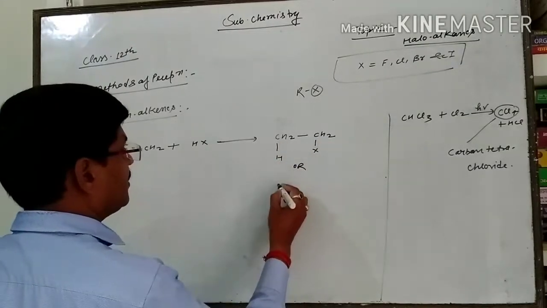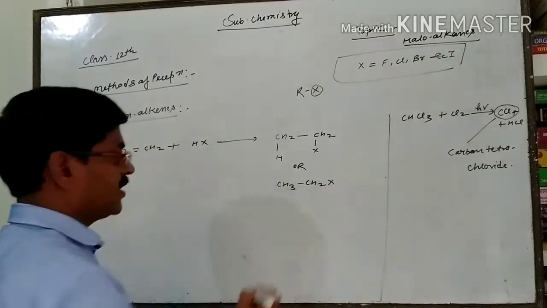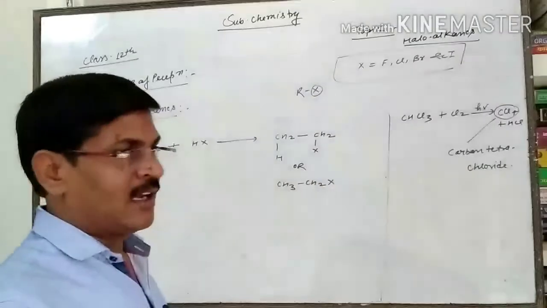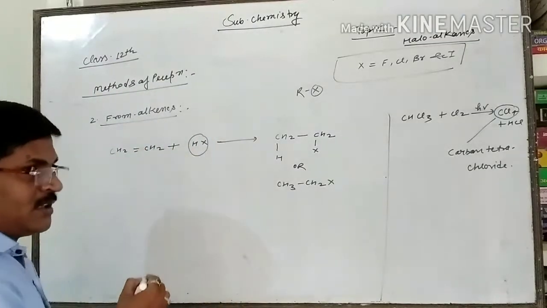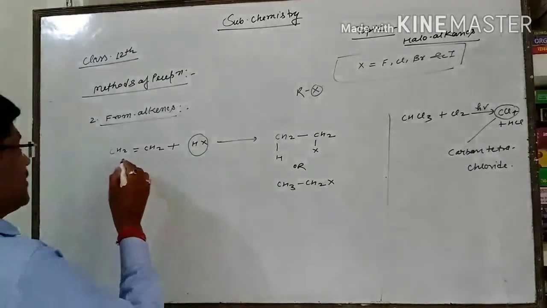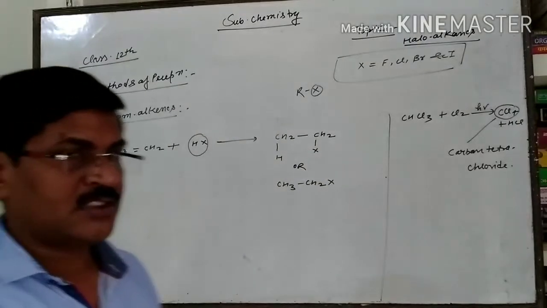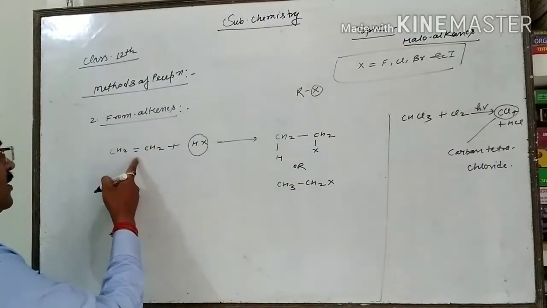I can write this as CH3CH2X. This is an alkyl halide, and it is given by the addition of halogen acids. Here the alkene is symmetrical, because both sides of the double bond have the same number of carbon.